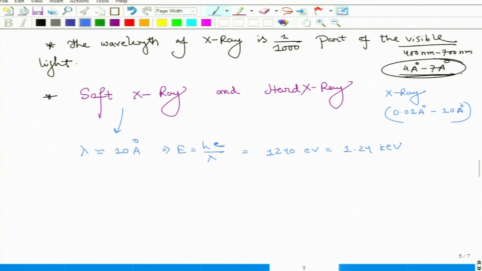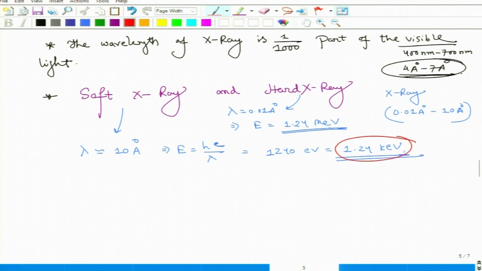Now in case of hard X-ray, if lambda is 0.01 angstrom, because it's linear, the energy would be 1.24 MeV, mega electron volt, thousands times more. So this energy is thousands times lesser compared to this energy. As the energy is very less, that's why this X-ray is called the soft X-ray.